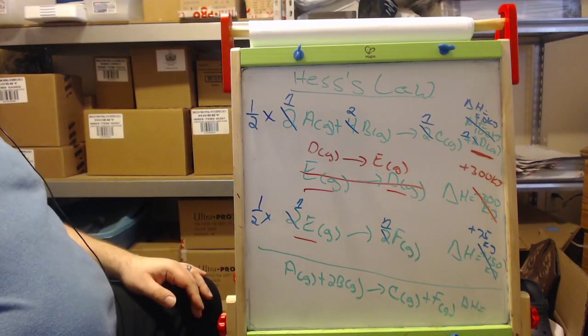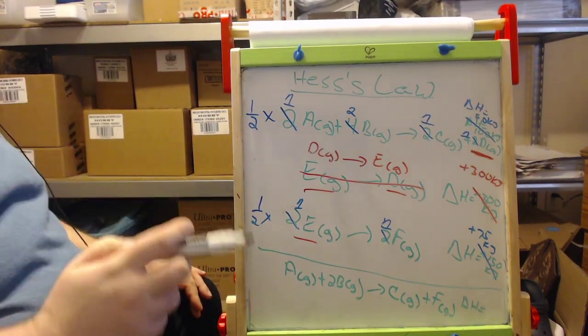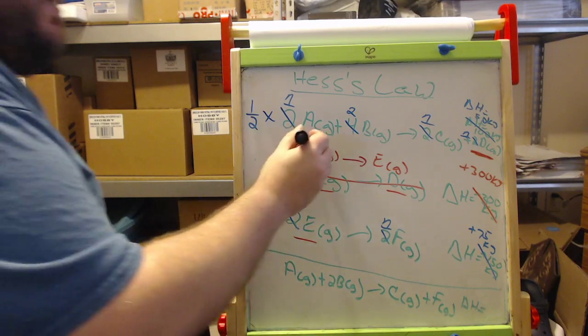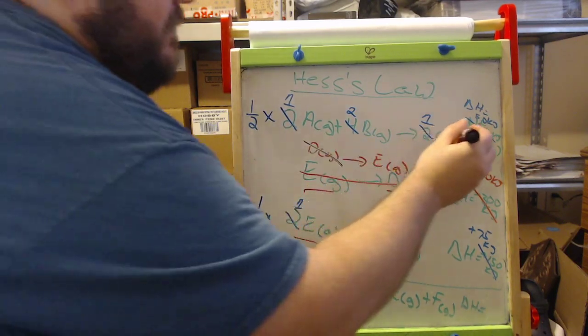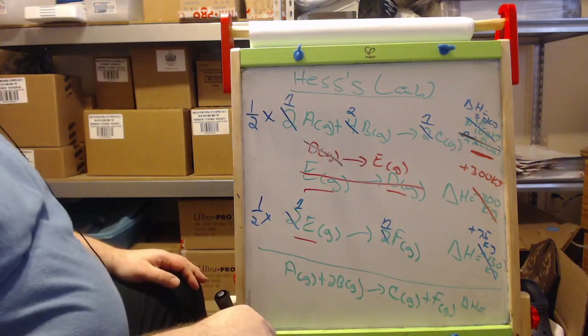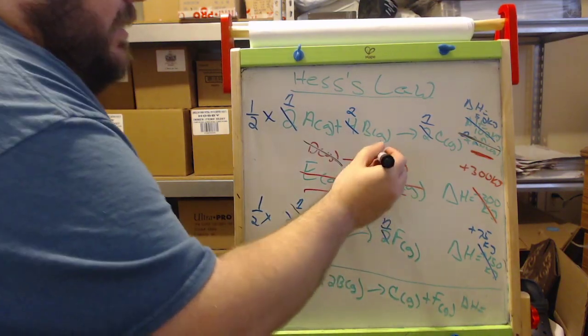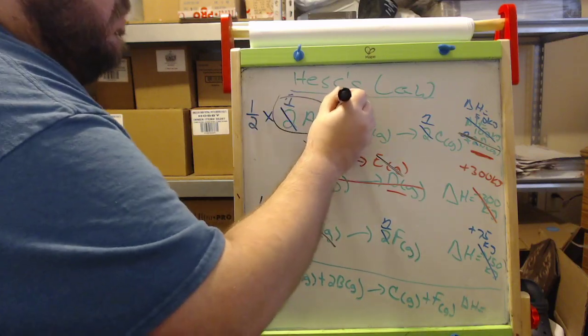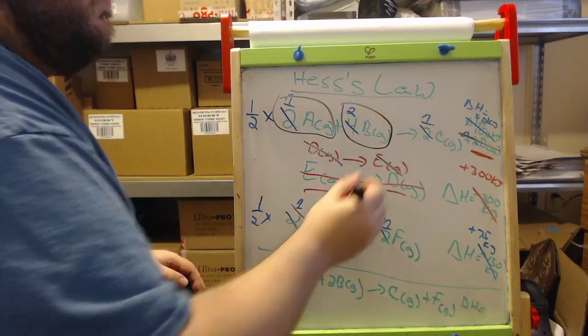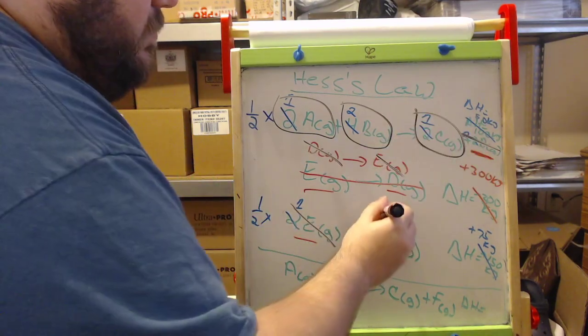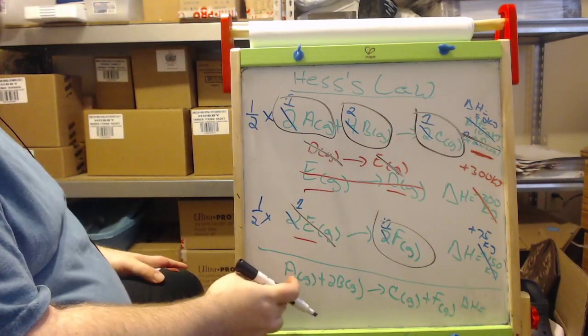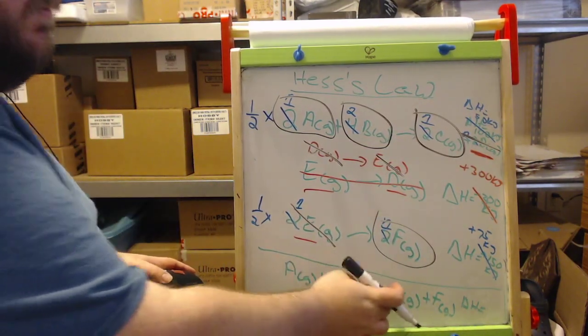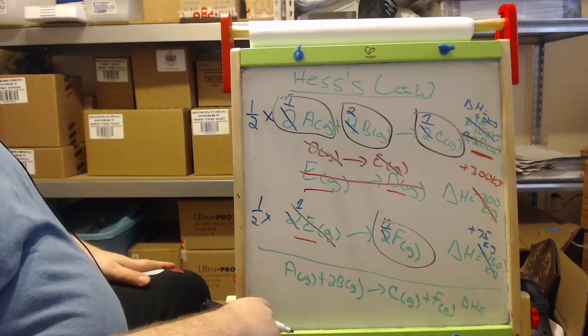Now, our last step is, after we do that, cancel out anything I can. I've got a D over here, and I've got D over there. That's gone. I've got an E here and an E here. What do I have left? 1A, 2 B's, 1 C, 1 F. What do I have down here? 1A, 2 B's, 1 C, 1 F. I'm good to go.